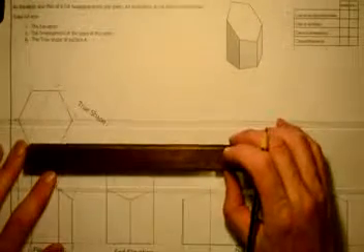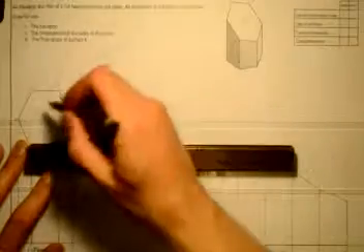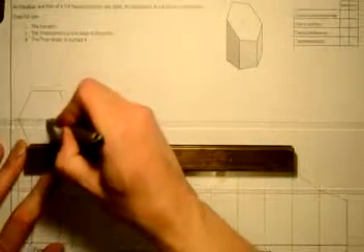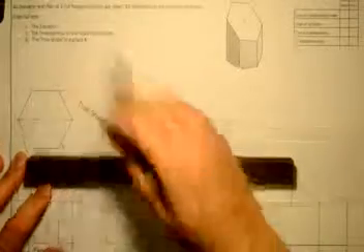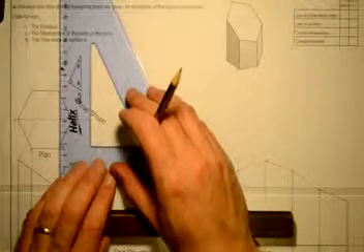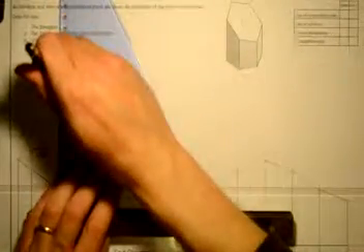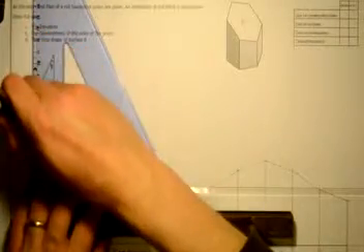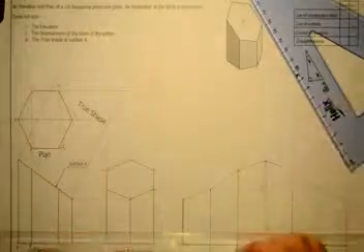So what I'm going to do is draw a centre line between 6 and 3. So a centre line is long, short, long, short, long, short, long. And I'm also going to draw in lines between 2 and 4 and 1 and 5, and you'll see why in a minute.